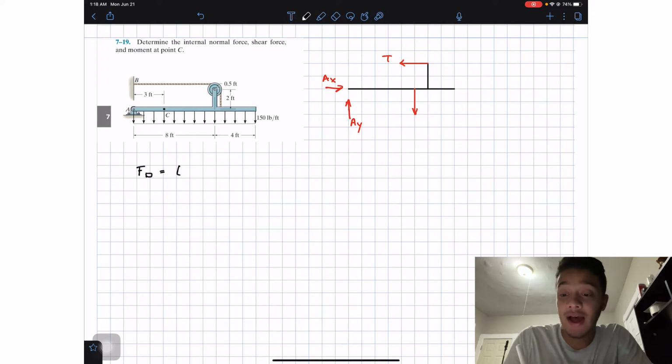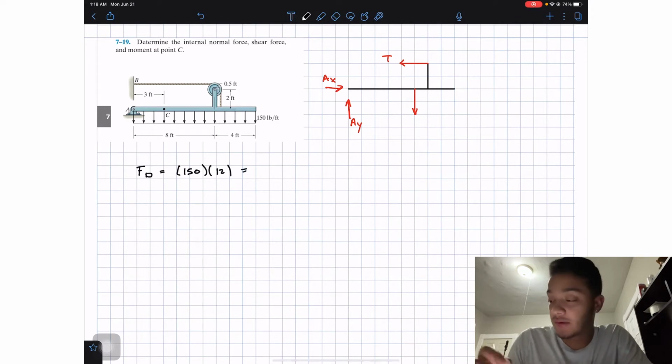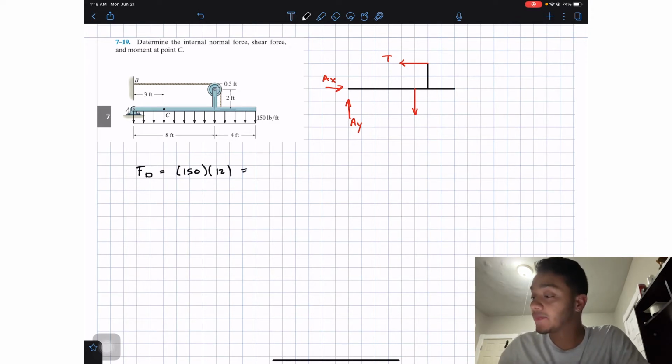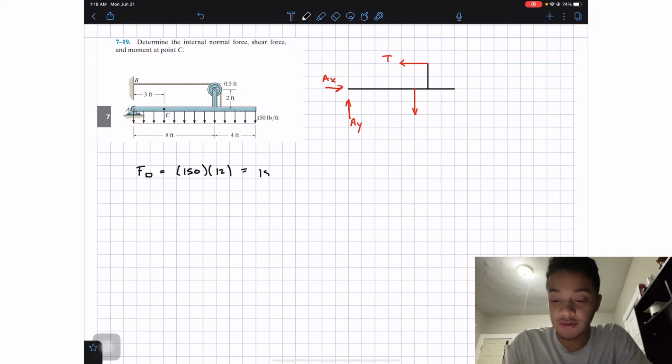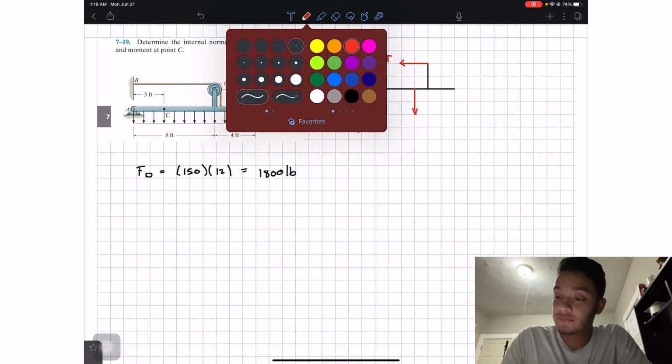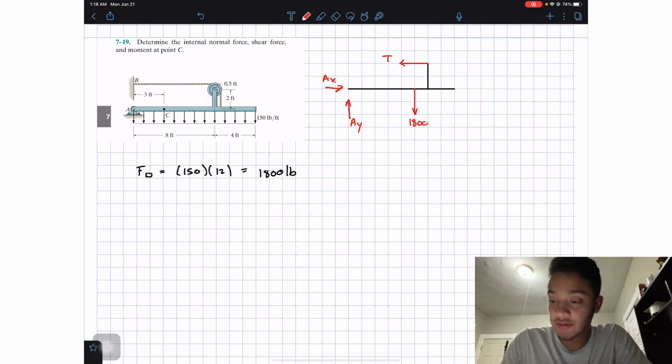Well, the height, which is 150, multiplied by its base, which is 8 plus 4, a total of 12. If we plug this into the calculator, this gives us 1800 pounds. So now we know that this is equal to 1800 pounds.